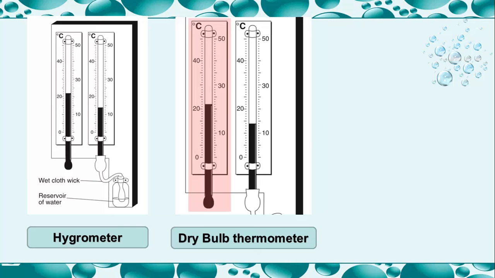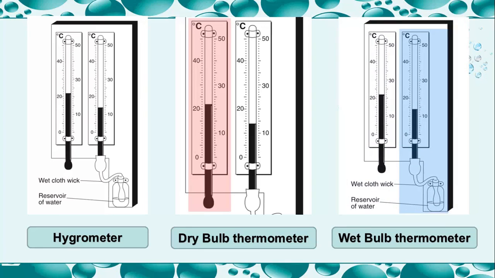The dry bulb thermometer measures the ambient air temperature, while the wet bulb thermometer, indicated in blue color, is similar to the dry bulb thermometer, except that it has its bulb covered with a muslin cloth kept moist by a cotton wick, which dips in a reservoir of distilled water.